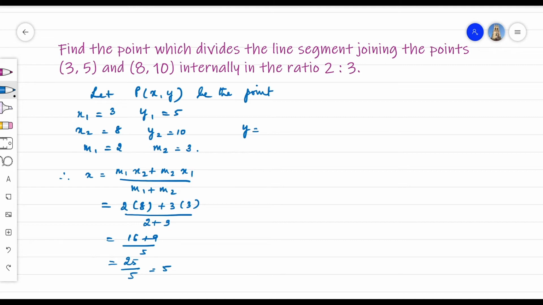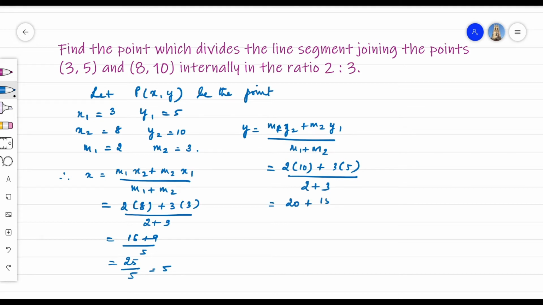The y coordinate, y is equal to m1 y2 plus m2 y1 divided by m1 plus m2. So that is equal to 2 into 10 plus 3 into 5 divided by 2 plus 3, that is equal to 20 plus 15 divided by 5. So it is 35 divided by 5, that is equal to 7. Therefore, the answer P(x, y) is equal to (5, 7).